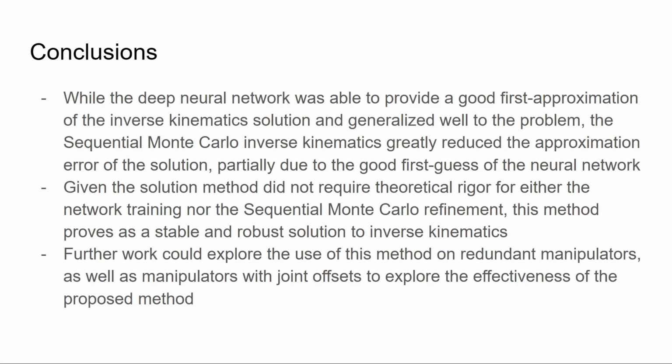Given the solution does not require significant theoretical development in either the deep learning case or in the iterations of the sequential Monte Carlo method, this proposed solution aims to generalize well to any manipulator inverse kinematics problem, and further work can explore the use of this method with redundant manipulators and manipulators with joint offsets.